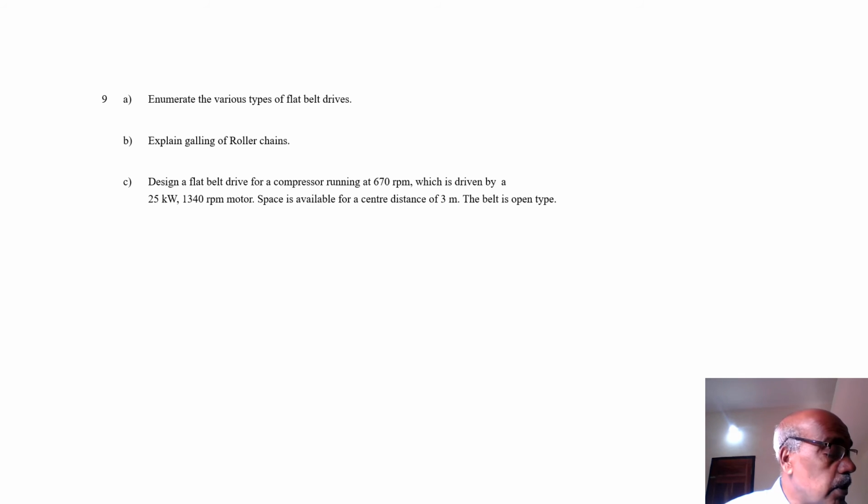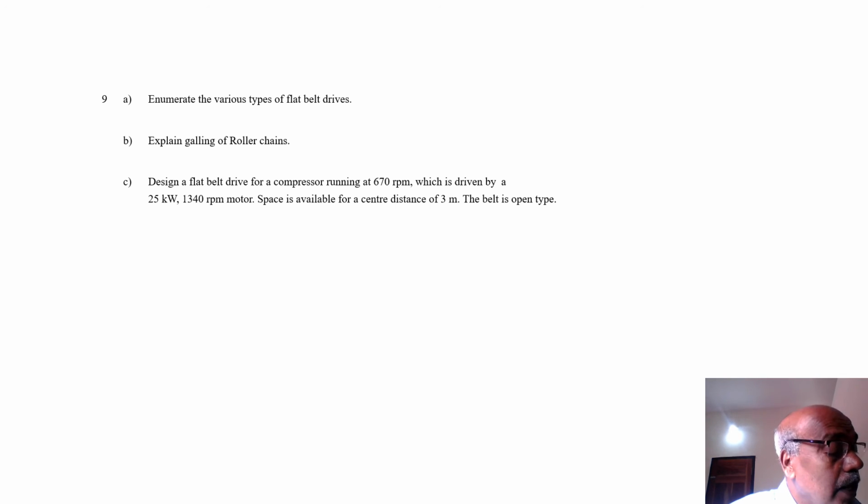A typical question: there are two areas, one is called the pulley, and the other one is called the shaft.